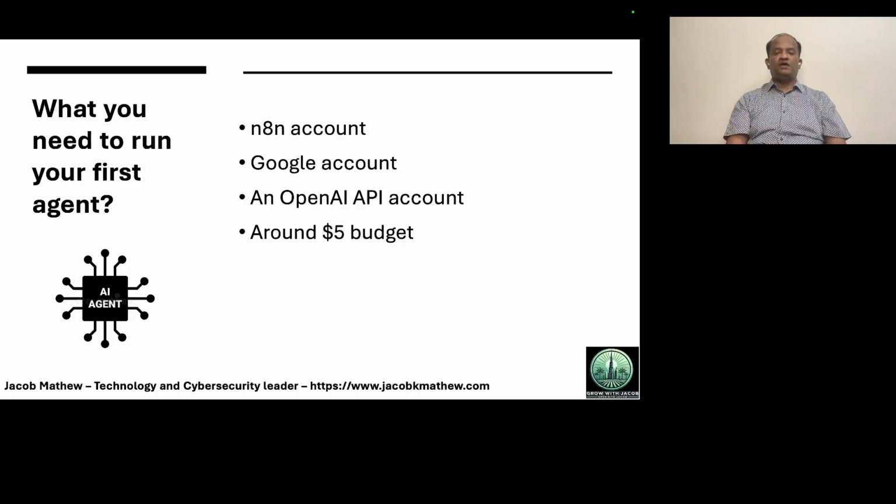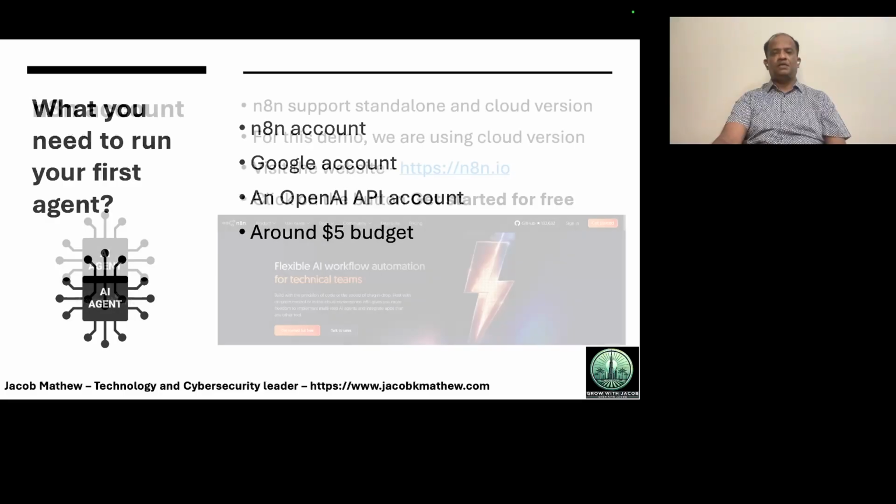The reason we need $5 is that this API is consumed using tokens. Again, I'll cover what tokens are, what a query is, and others later in the same video. But when you're running a query and we process tokens, this is charged. So that's why we need about $5 for demo purposes.